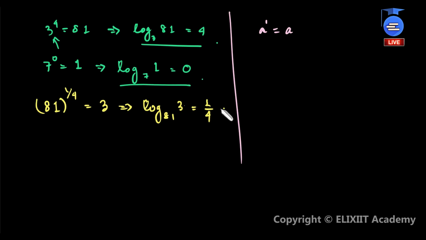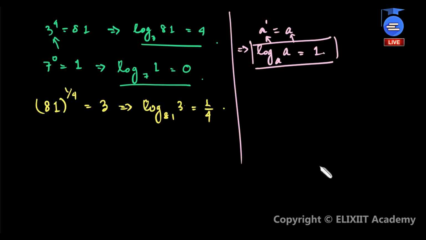Obviously, a to the power 1 will be a only. In terms of log, this means log of a base a is equal to 1. We have this result, log a base a is equal to 1. You can remember this as a result, which we are going to see next also.